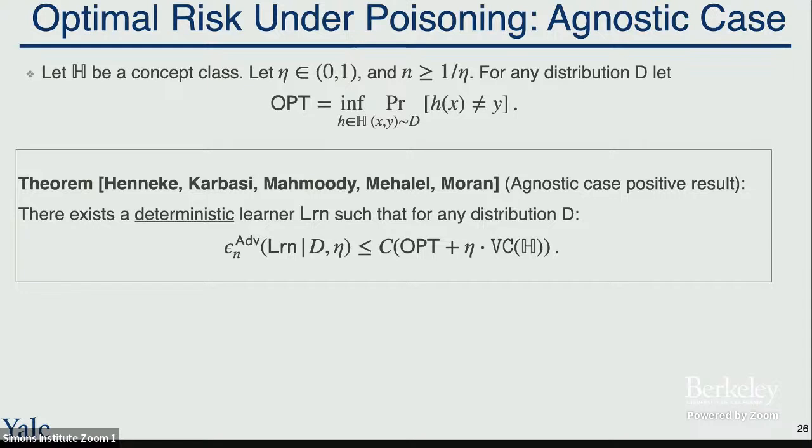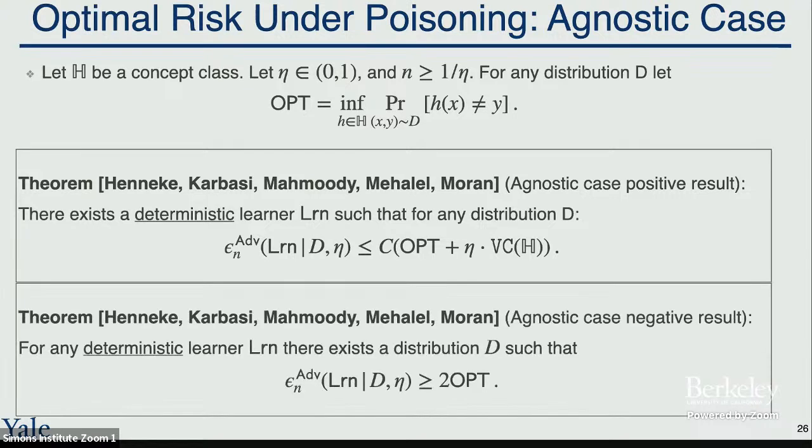In the agnostic setting, we usually want C to be 1, so that this is opt plus something. But the best result that we get is C times that. It's not very satisfying. And it turns out that at least for the deterministic setting, it is unavoidable. C should be at least 2.